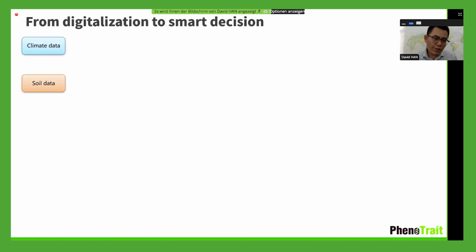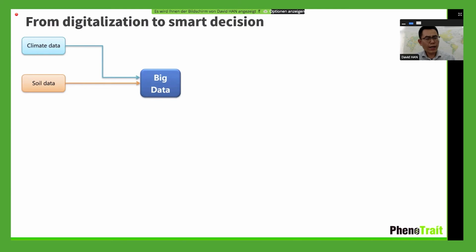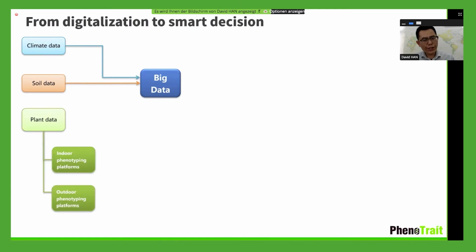For digitalization, in the past 30, 40 years, we can collect a lot of climate data, soil data, and in the past 15 years, the technology for collecting plant data developed very quickly, which is called plant phenotyping or plant phenomics.